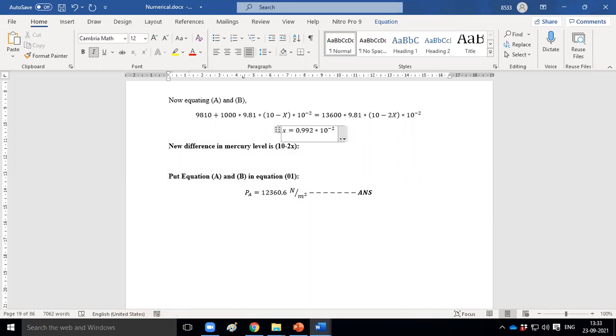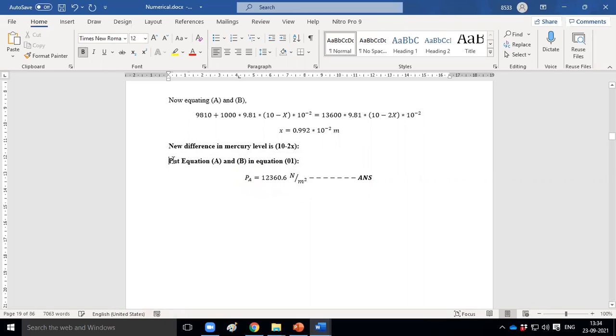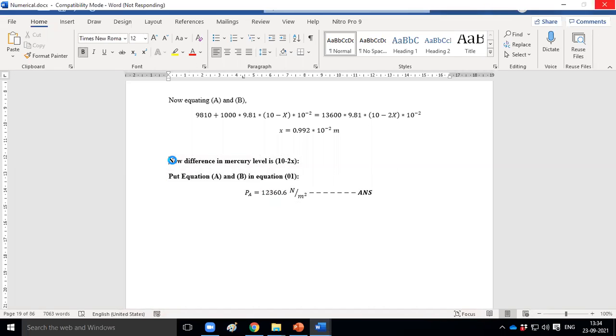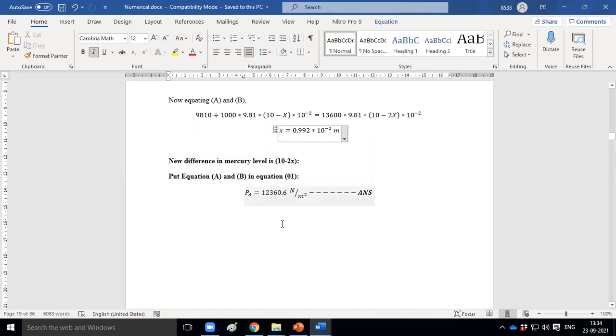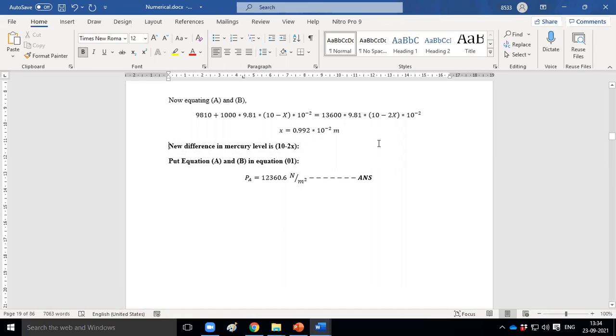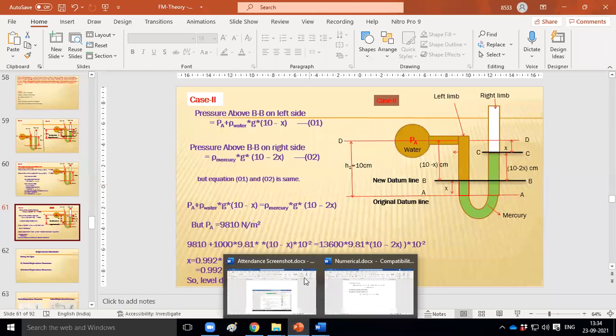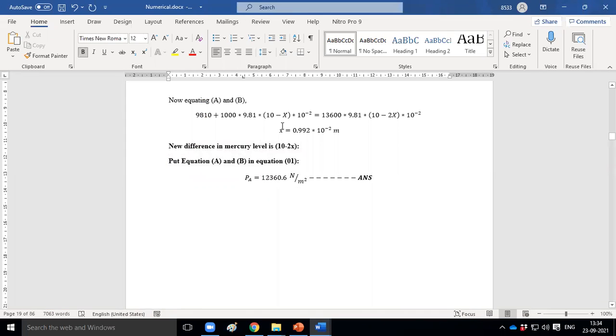I already did the calculation. You can just cross check it and tell me whether it is correct or not. How many students are getting the same value? Anyone? Just reply to me. Okay, you can do the calculation and note down the answer: x is 0.992 into 10 to the power minus 2 meter.